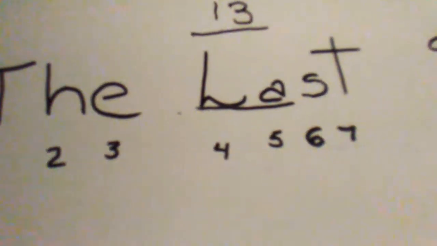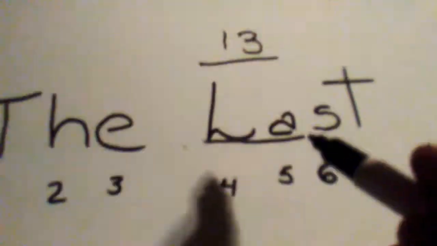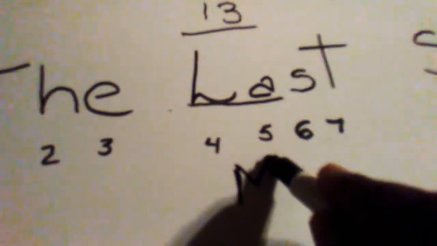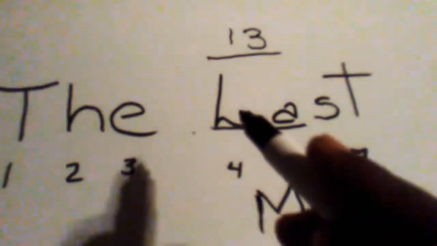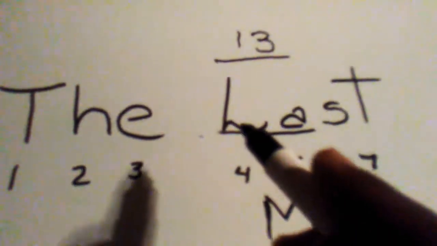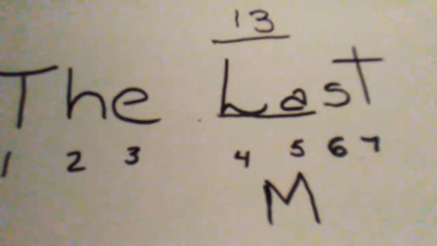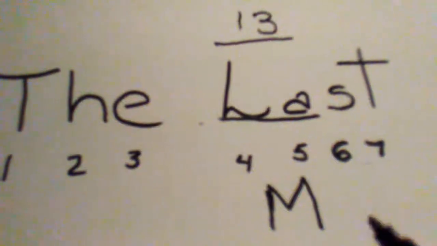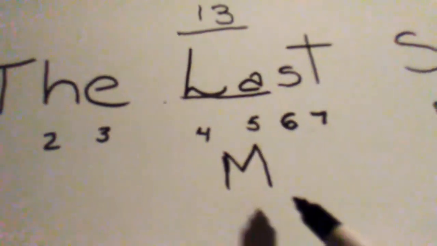LA is 13. And the reason why I'm going to place the M here is because L is the 12th letter in the alphabet, right? And A is 1. And 12 plus A equals 13. So we place the M here.